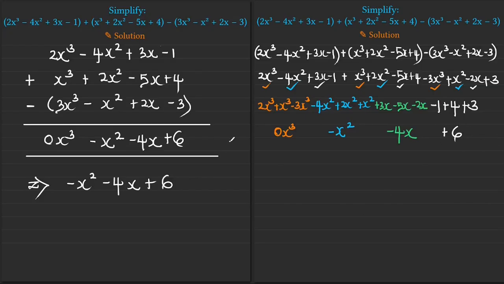So if you want to combine all together, our answer is simply negative x squared minus 4x plus 6, just as we had over here. So any of the methods works. The most important thing is you take your time and work with the signs so that you don't mix them up.